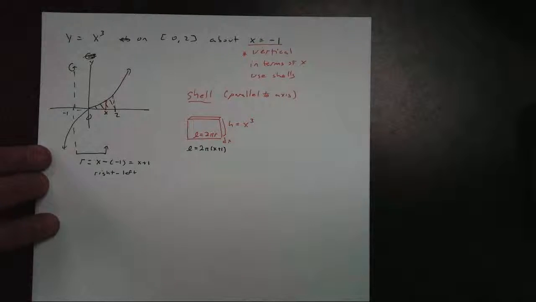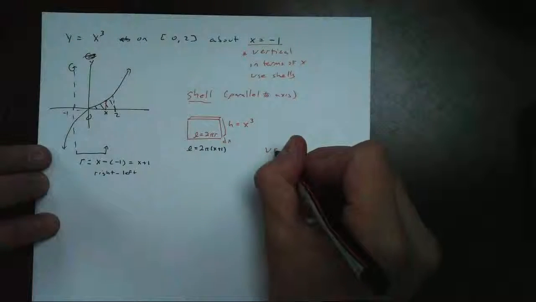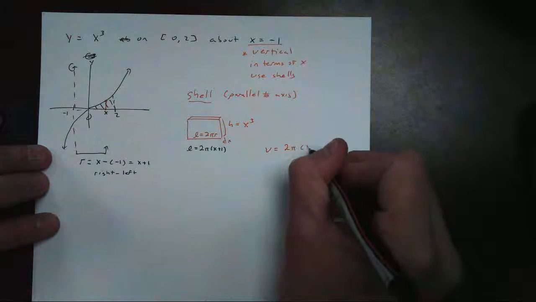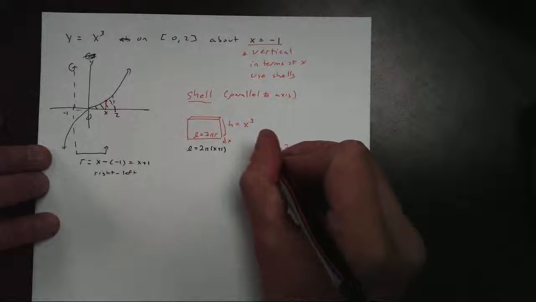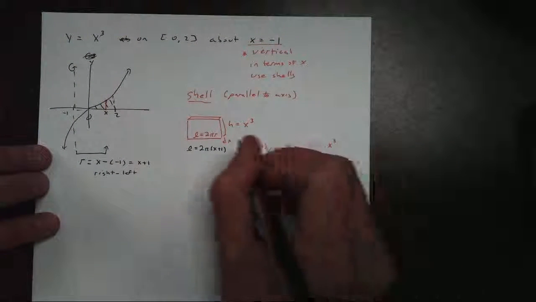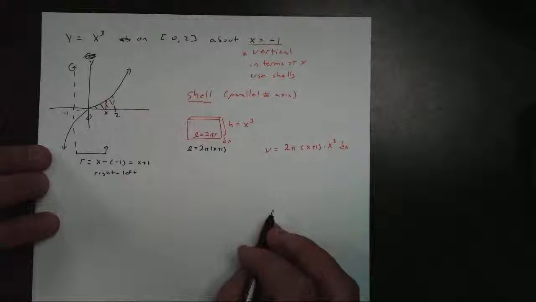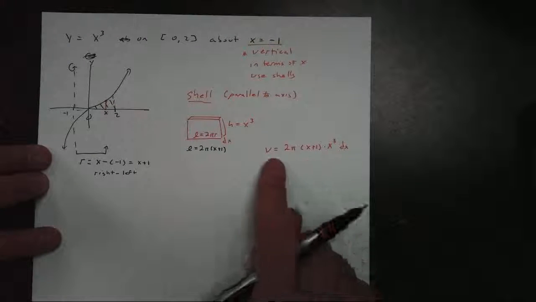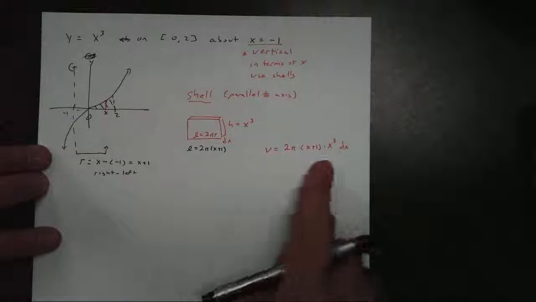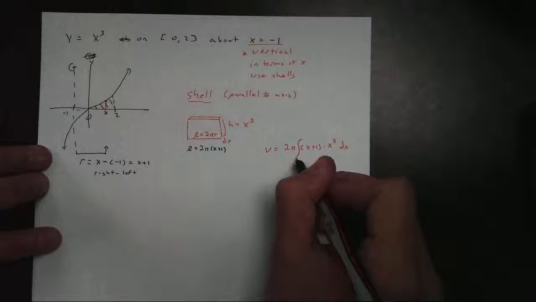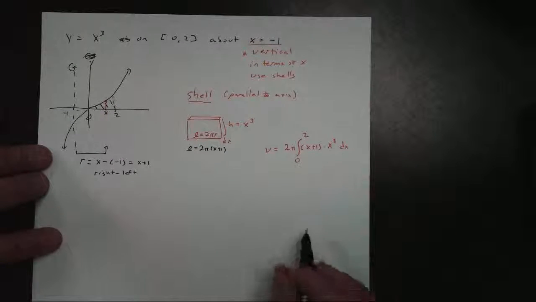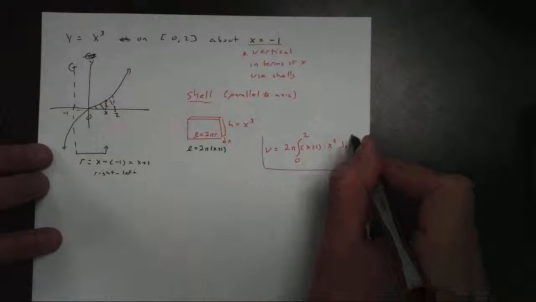And now I just want to find the volume of the shape. 2 pi times x plus 1 times the height, x cubed, times dx. That finds the volume for one shell. To get them all, I integrate that from 0 to 2. And then you just solve that. This one's not too bad to solve.